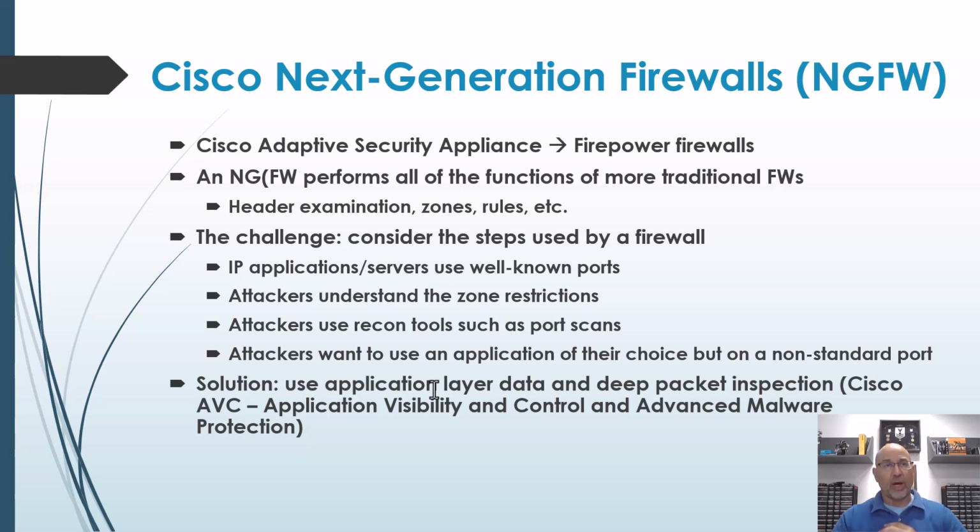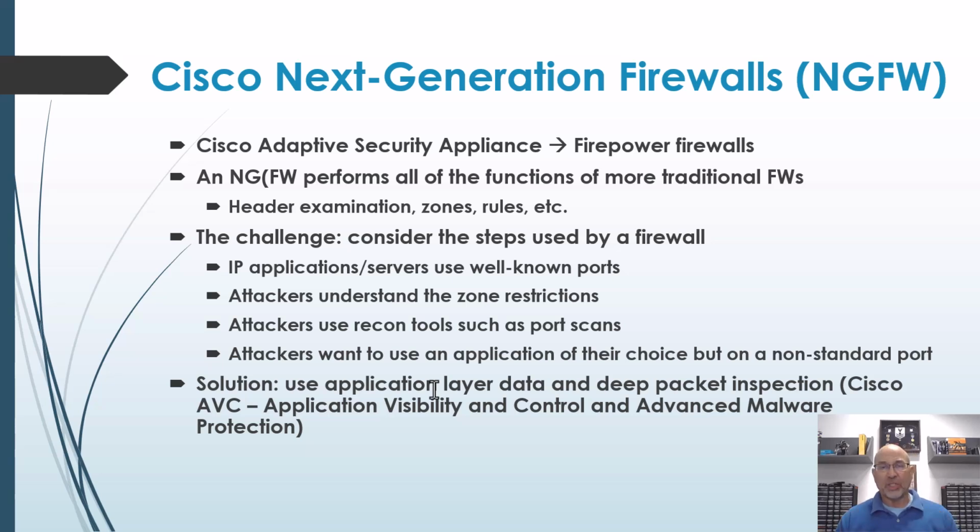Attackers can also run all kinds of reconnaissance, including things like port scans, to find out where the vulnerabilities are. Now, the attackers want to use an application of their choice, whatever they're going to use to attack you with, but on a non-standard port. So, for example, they might use web service, right, HTTP service, but on port 23, where it's not supposed to be.